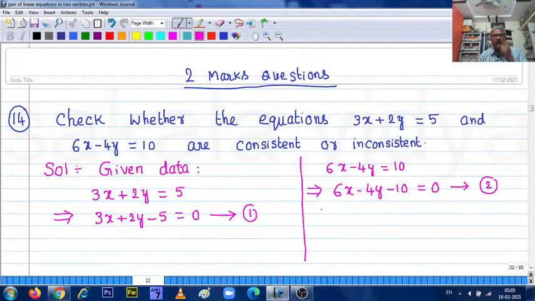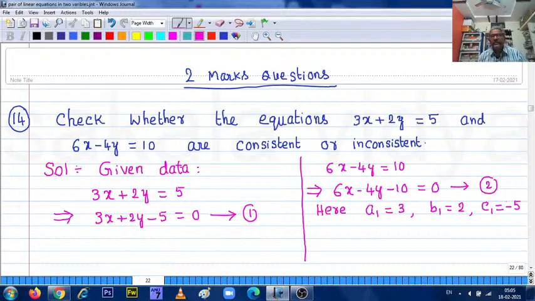Now from equations 1 and 2, from the first equation a1 equals 3. Don't write 3x, write 3. The coefficient of x is a1. So b1 equals 2. Now c1 equals minus 5. You need to write this given data very carefully.